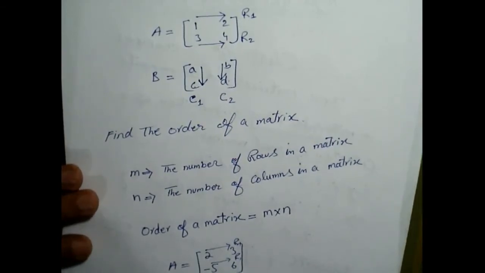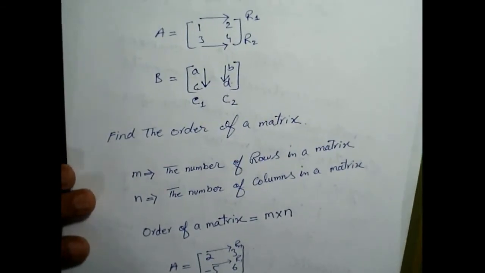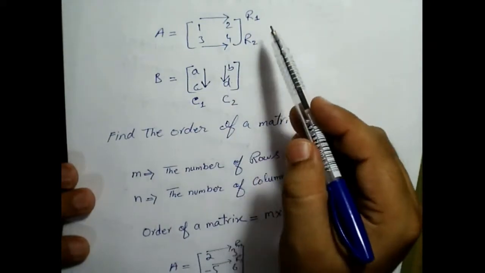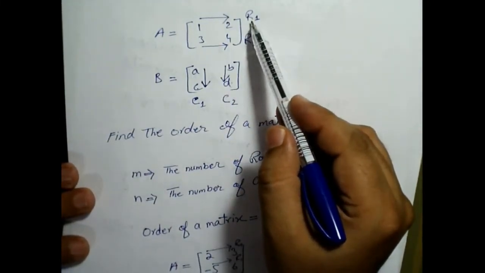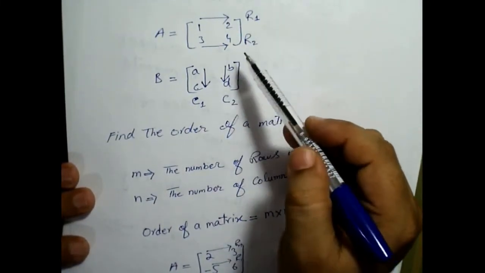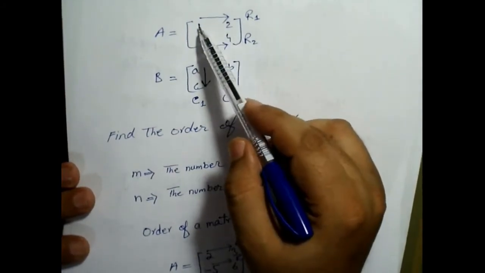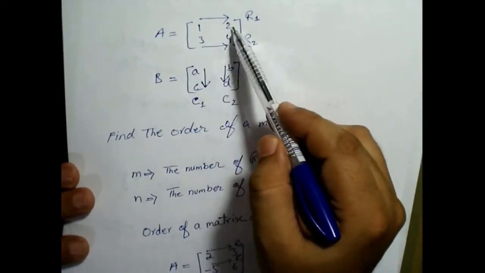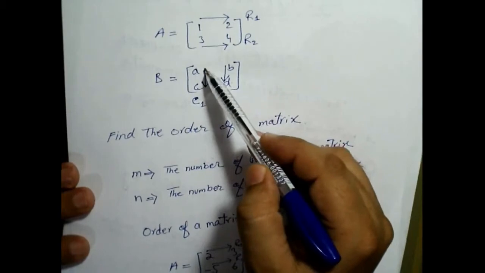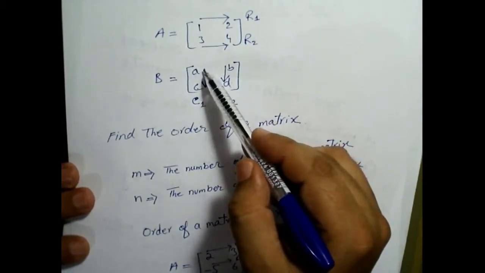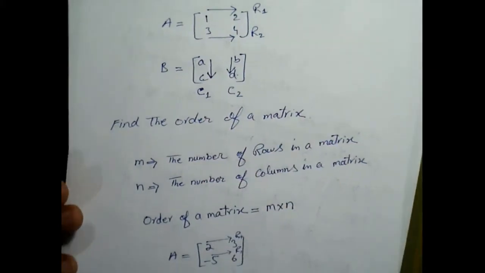Now let's get back to the point where we left off a while ago. We discussed the rows and columns of a matrix. The rows are the horizontal elements of a matrix, and the columns are the vertical elements of a matrix.